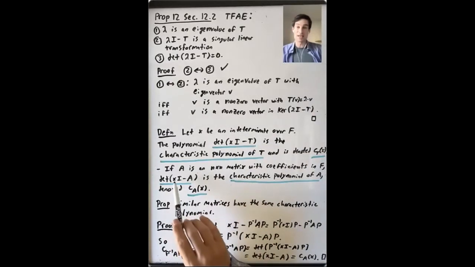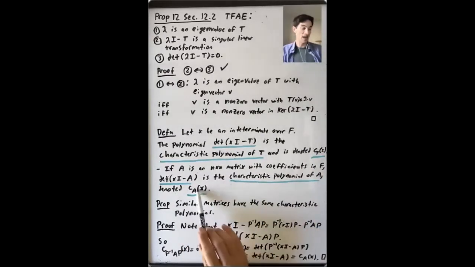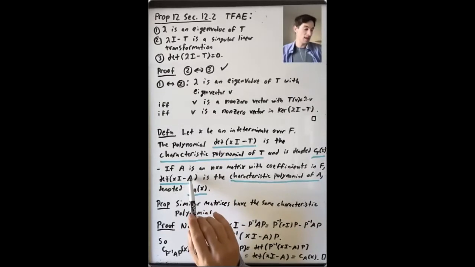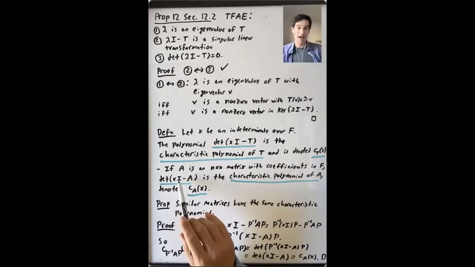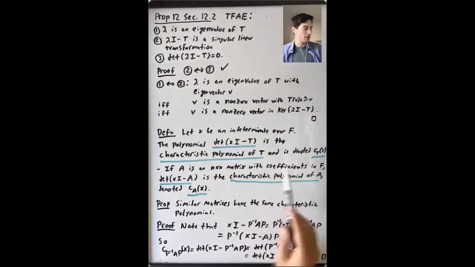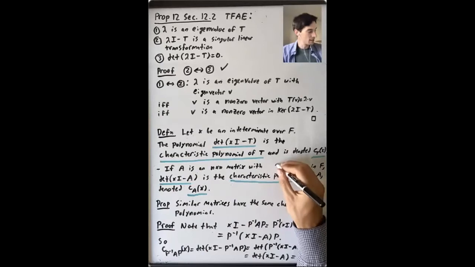The determinant of X times the identity matrix minus A is the characteristic polynomial of A, denoted C sub A of X. And okay, so A is a matrix with entries in a field F. X times I is a matrix that has X's all along the diagonal and zeros elsewhere. X times I minus A, now there are some X's, but there are also entries. I shouldn't say coefficients, I should say entries. There are entries that are in F.